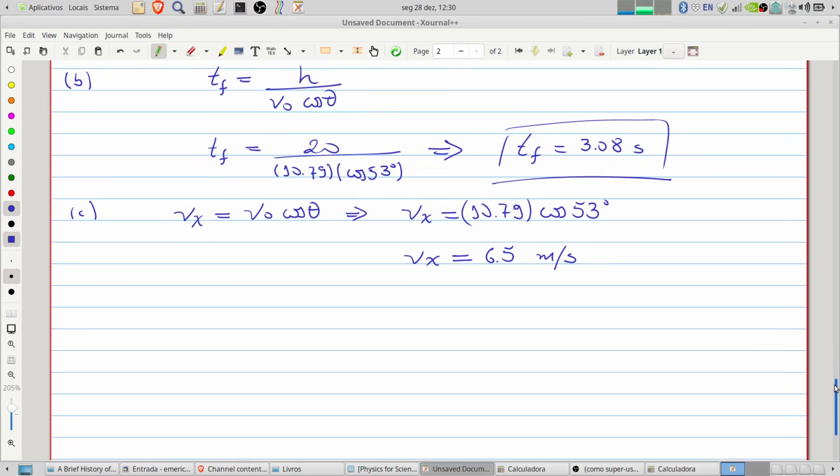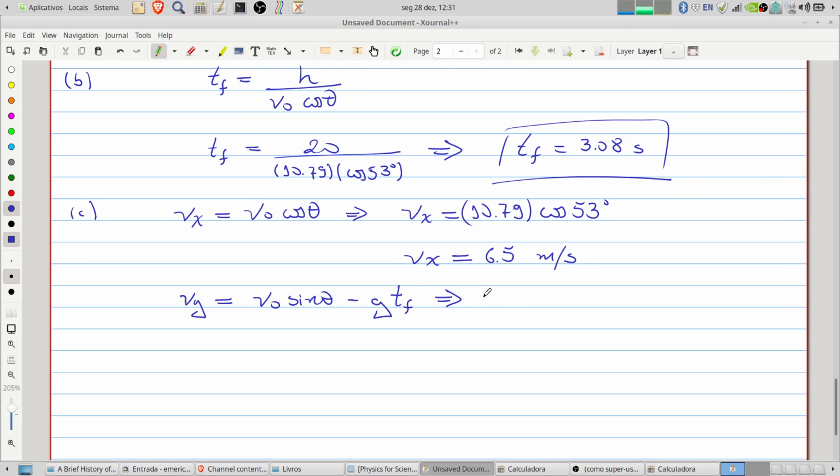Now the vertical velocity will be v0 sine of theta, this is only the initial velocity, but we also have the acceleration, minus the acceleration multiplied by the time. We want to know exactly before the rock reaches the ground, so we will use here the total time.